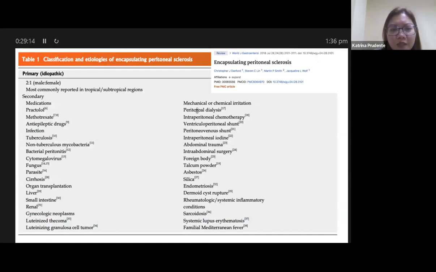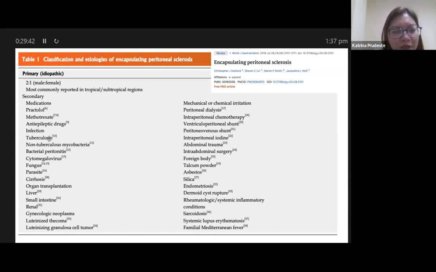Also seen here is peritoneal dialysis, as well as the presence of endometriosis, which can also cause secondary EPS. Also, infection is mentioned here. So these are infection, and the history of PD is present in our patient, in our case.